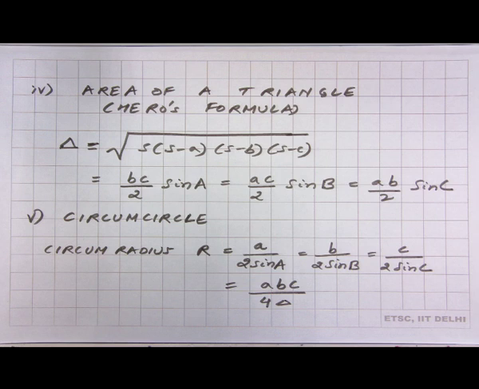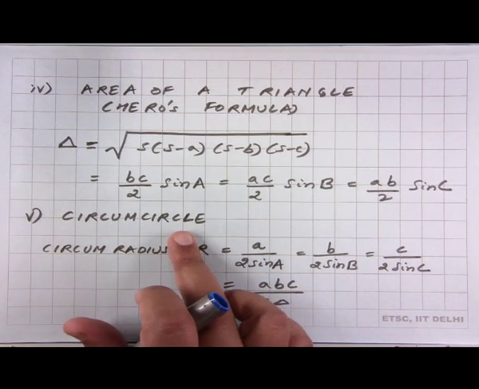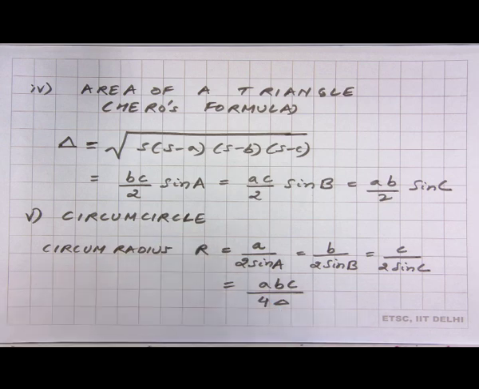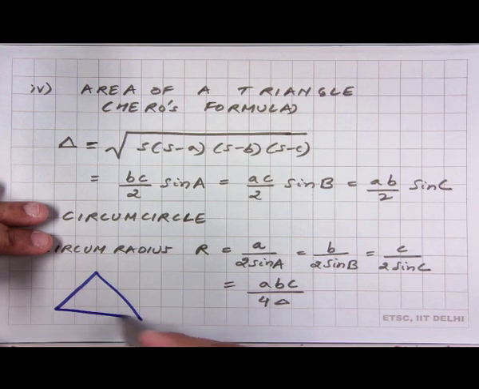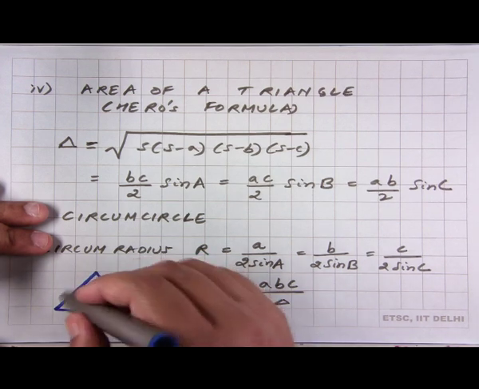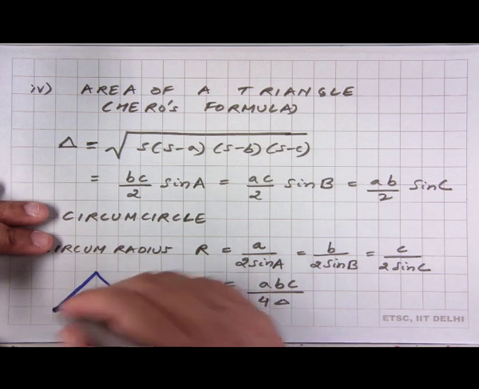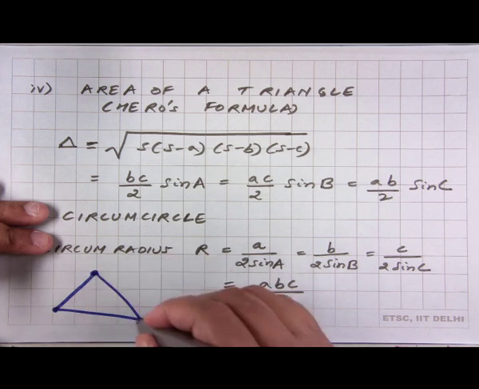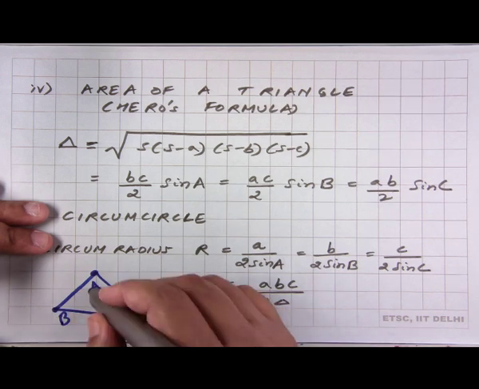We also derived the formula for the radius of the circumcircle. So, if we recollect, for any triangle the circumcircle is the unique circle which goes through all the three vertices of the triangle.